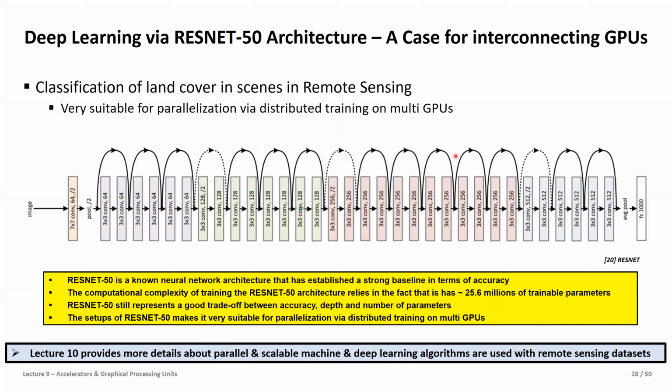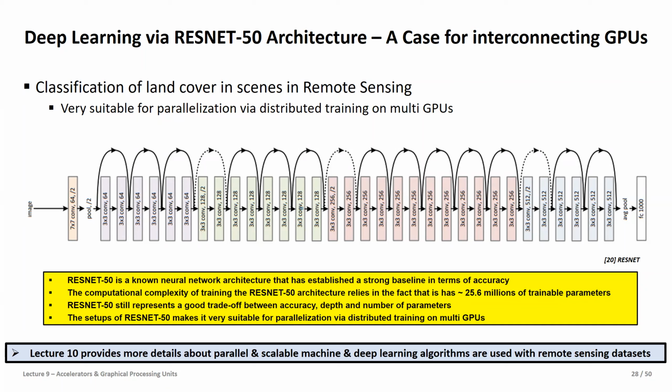But this is something where you have so many parameters to train that a single CPU would be out of the question, and even one GPU would be too slow. So we will motivate a bit why we really have to interconnect GPUs here. In remote sensing, this is now really the modus operandi, especially for the more recent data sets that you want to apply deep learning to.